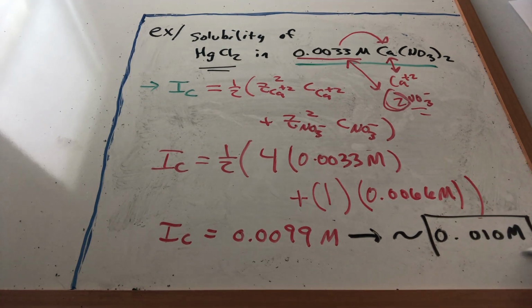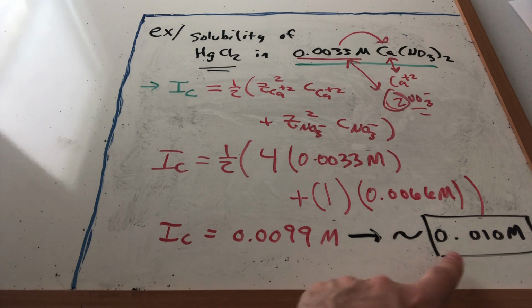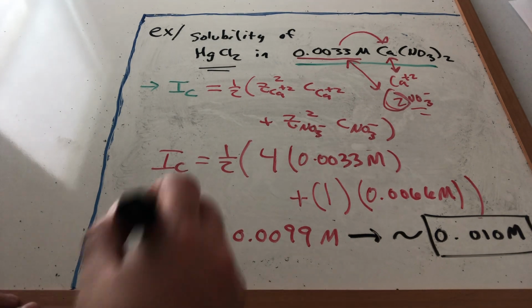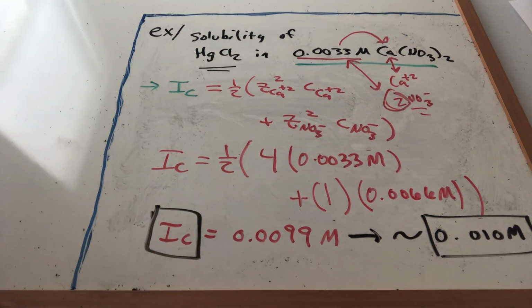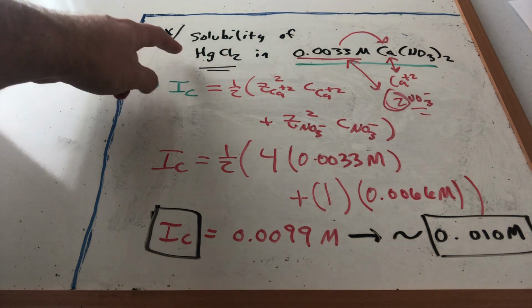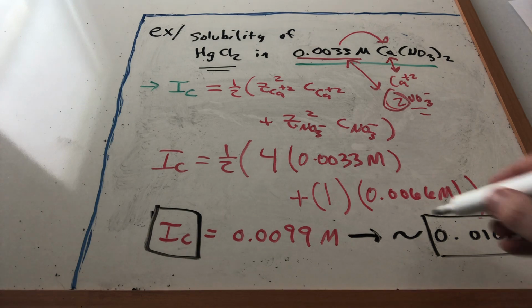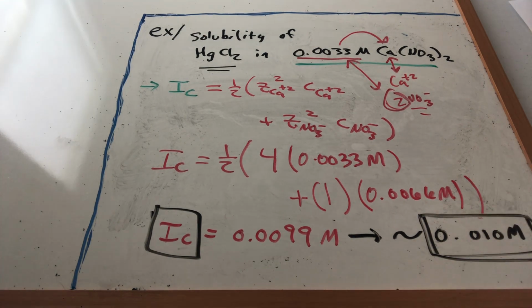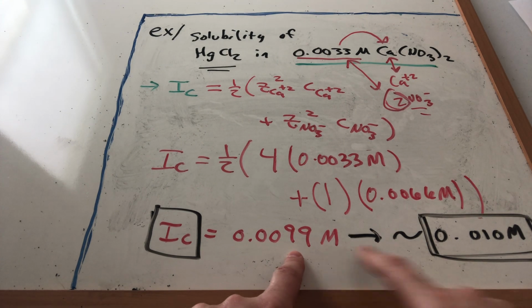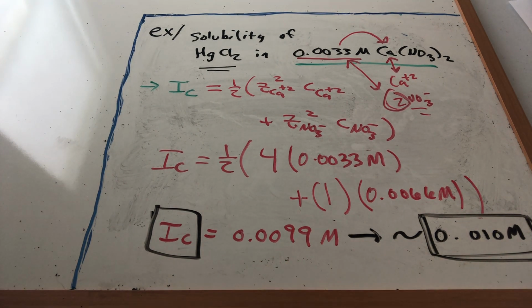So these values are close enough that I can say my I sub c, to a good approximation, is this. So those gammas for Hg plus 2 and Cl minus with this concentration are going to be valid. Whenever you calculate an I sub c, you just find the closest value on that chart to pick out what your gammas are.